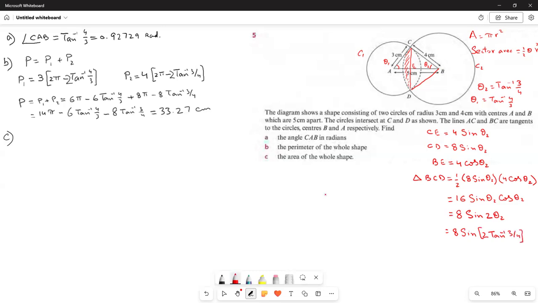Okay. And what is the area of the sector BCD? For this, again, remember the area of the sector, we use half theta r square. So this is half, theta is basically 2 times tangent inverse 3 by 4.